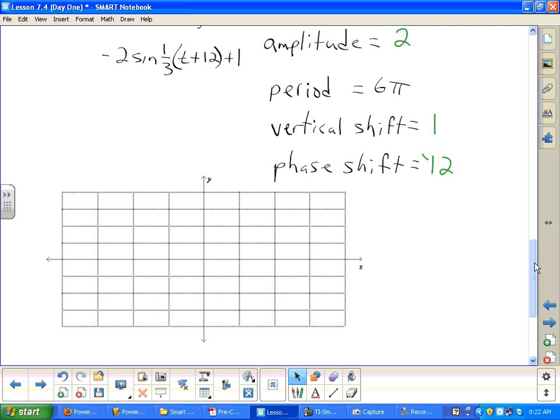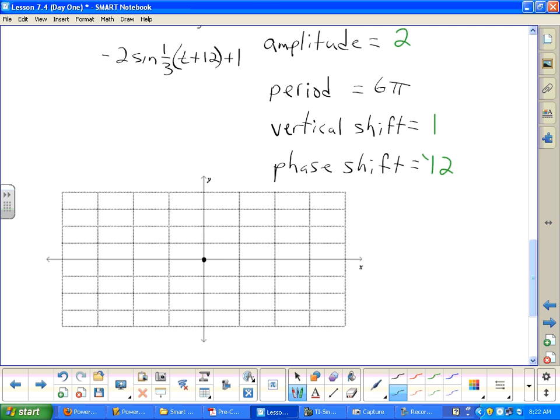So a reminder that sine starts at the origin, right? And in this case, the amplitude is 2, so it's going to go up 2 and down 2, isn't it? If it goes up 2 and down 2, it's going to go up 2 and down 2 from the vertical shift, which is 1.